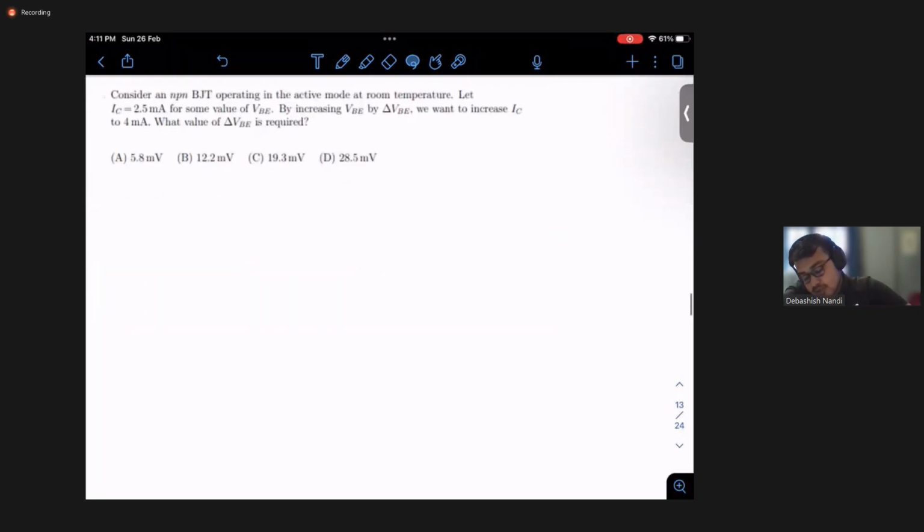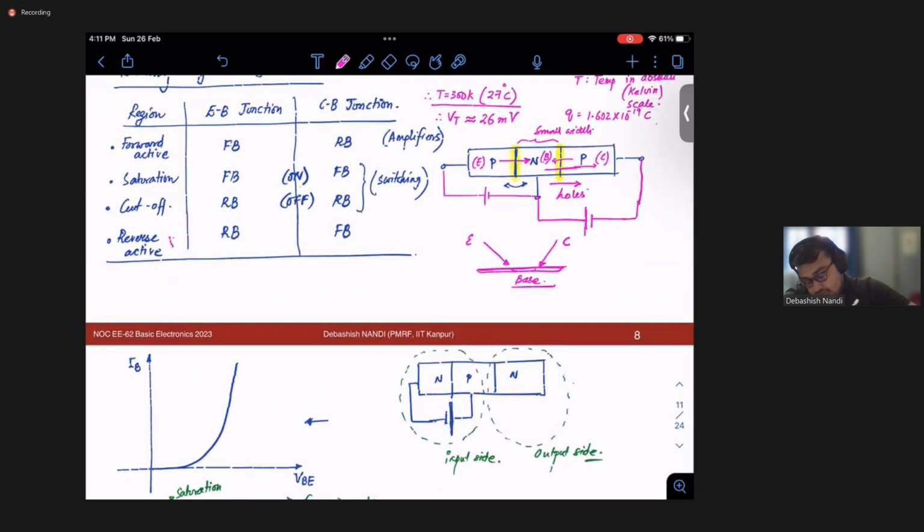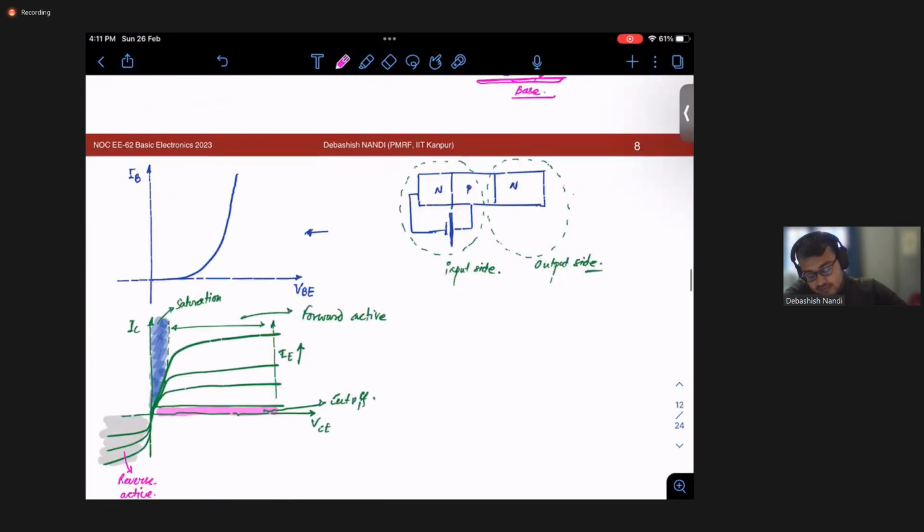Okay, so they're asking us to consider a BJT operating in the active mode. Let us take this as forward active, because this other mode we generally do not use, right? So this is also called just active. If you see only active mentioned anywhere, just cross check with the bias condition, and you will find out that it is the forward active region only.